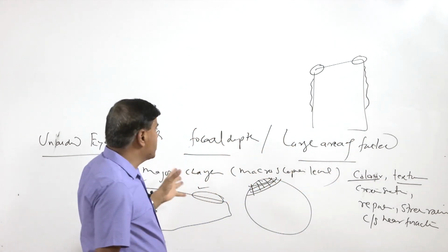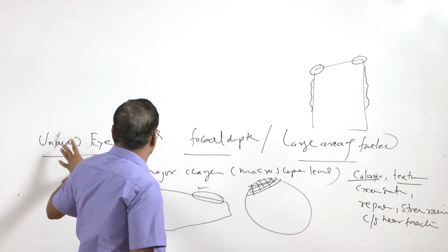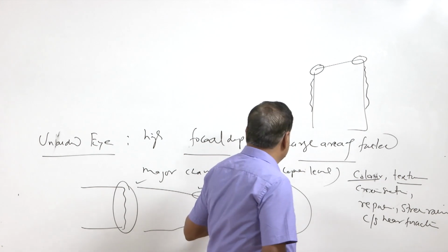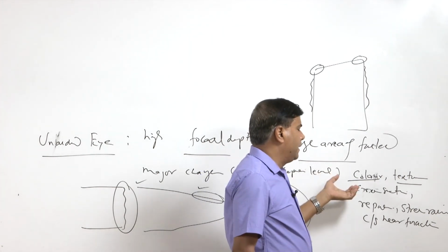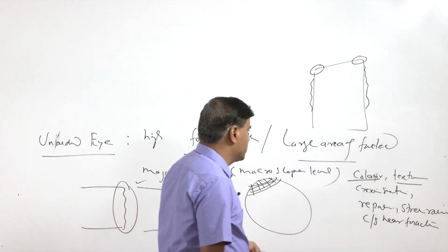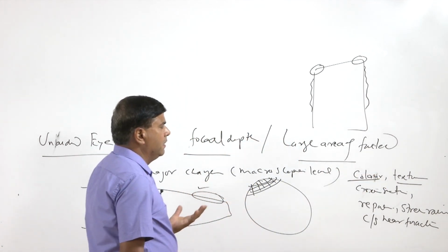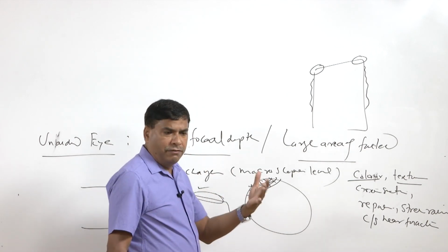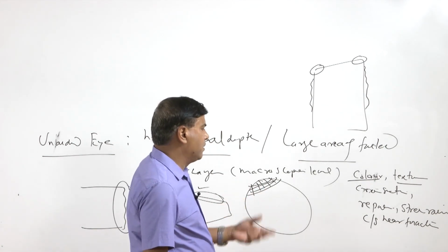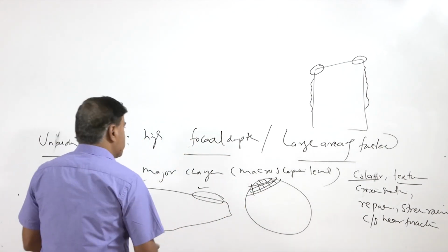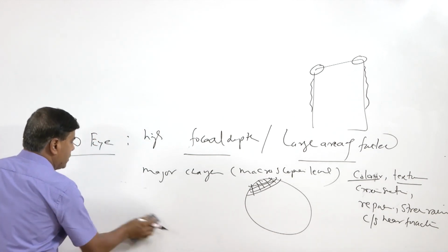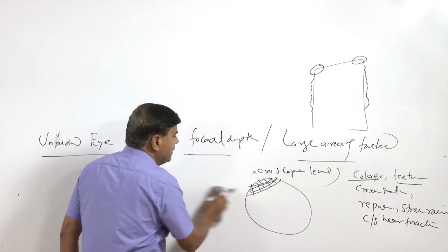So, many things can be checked with the help of the unaided eye itself, and those changes which have taken place can be judged in terms of change of color, texture, roughness, cross section, any kind of stress raiser in the form of a fillet or keyway or hole, recent repair, and so on. So many things on failed components can only be observed through the naked eye.